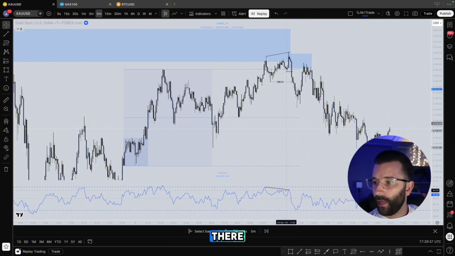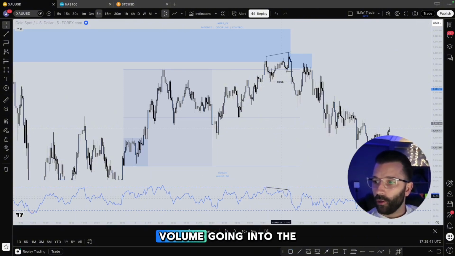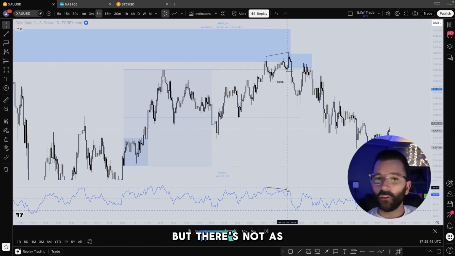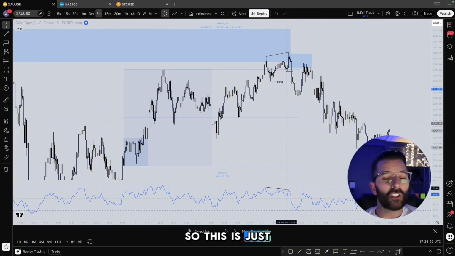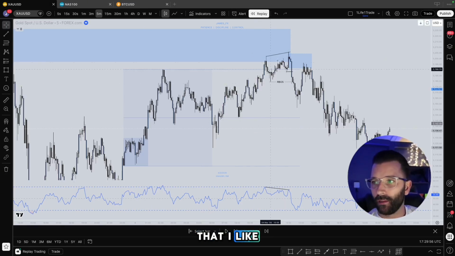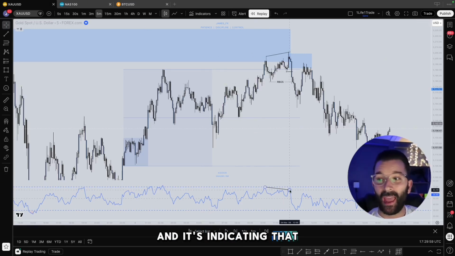Because of that alone, that just shows there's not as much volume going into the markets as what it says up here. So it might be taking some liquidity above this stop here, but there's not as much volume. So this is just a great indication, if you see this, to think, okay, it's in an area that I like, and it's indicating that it might go lower.